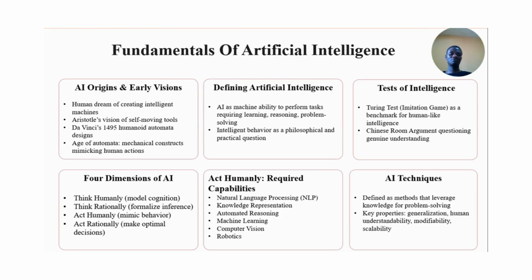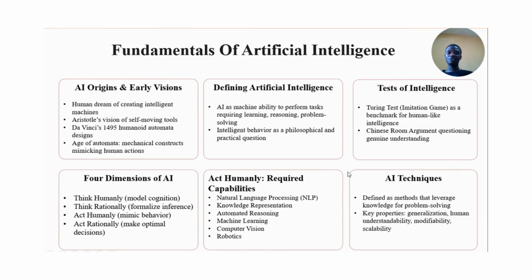Beyond that, we should also look at the four major dimensions within which artificial intelligence makes its backbone, where a system can either be thinking humanly, thinking rationally, acting humanly or acting rationally in any case. More deeply, we shall look at how acting humanly looks, because this is evident in the current artificial intelligence systems we have at hand.